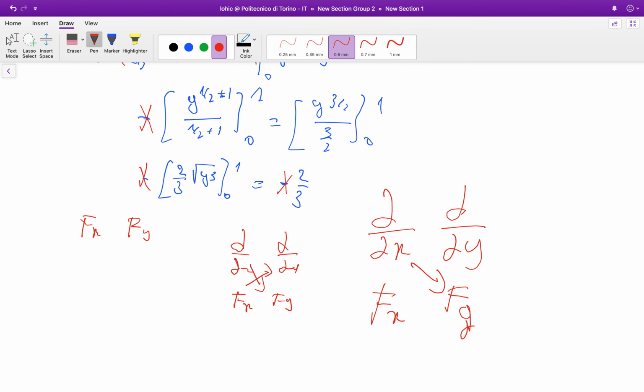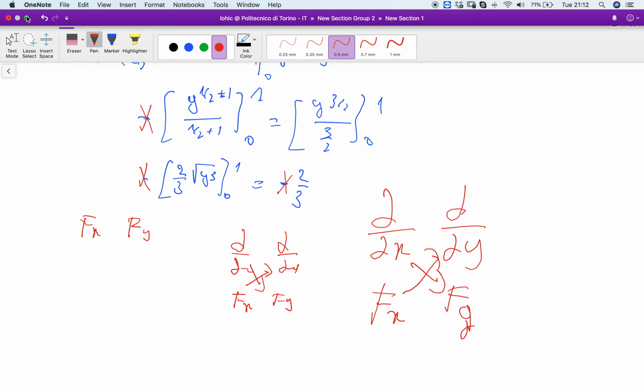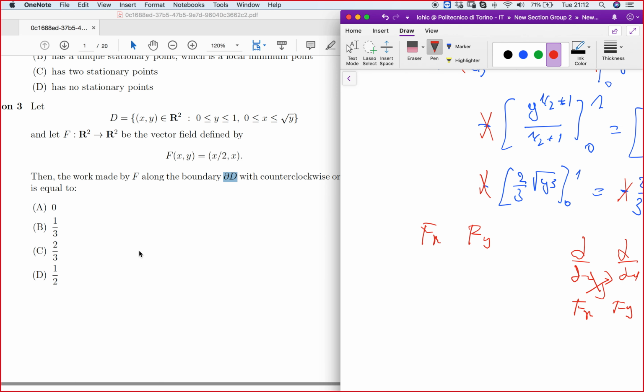When you do this times this, that means the derivative of f_y with respect to x minus the derivative of f_x with respect to y. So with this, we also reviewed the Green theorem. Okay, so the answer is C.